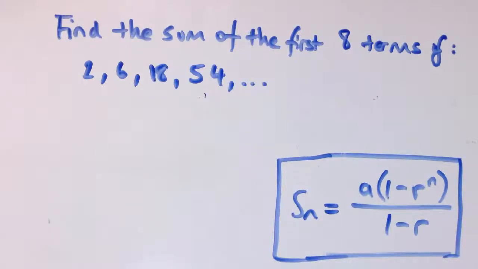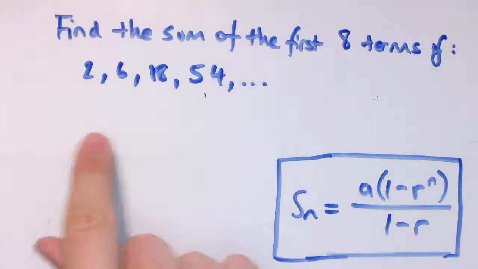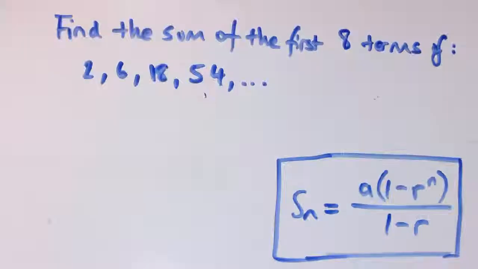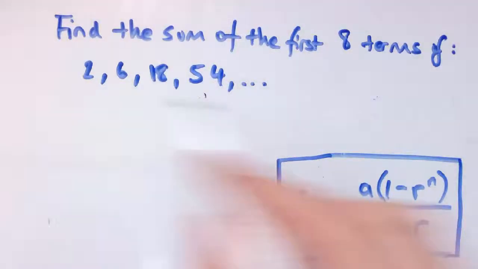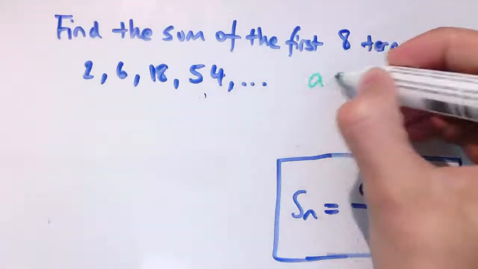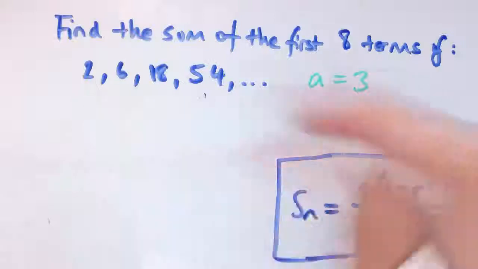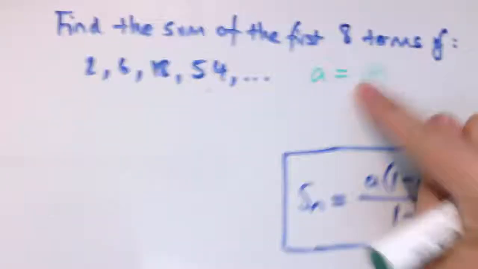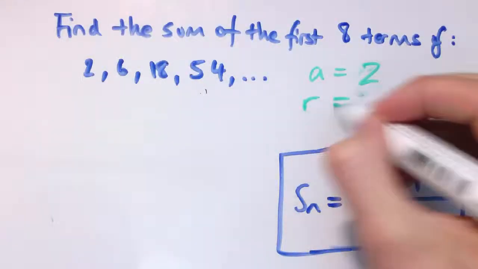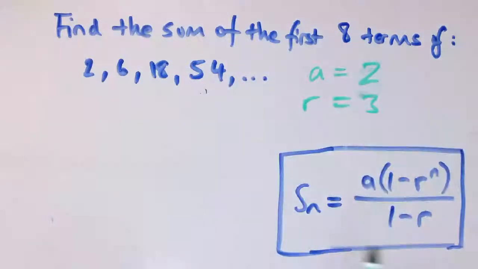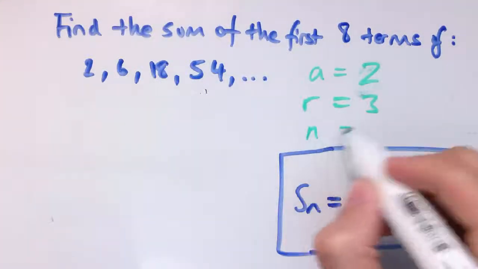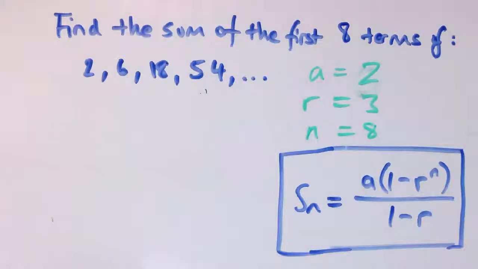Okay, so here's an example. I want to find the sum of the first 8 terms of 2, 6, 18, 54, etc. First we notice this is a GP. The first term a is 2, and the common ratio r is 3 because I'm multiplying by 3 each time, and n is 8 because I want the first 8 terms.